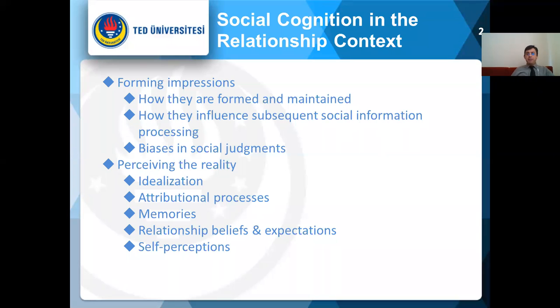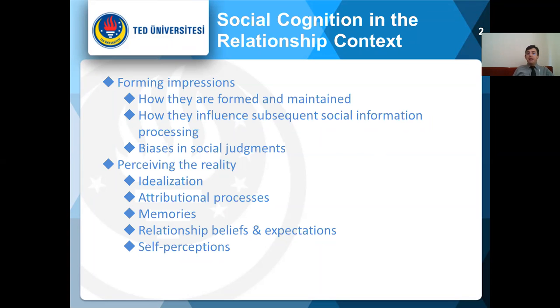In the relationship context, some relevant topics of social cognition would be forming impressions and perceiving the reality in our interactions. As for forming impressions, some questions would involve how we form and maintain these impressions about other people. So suppose you are meeting with a stranger, it is your first date, okay?